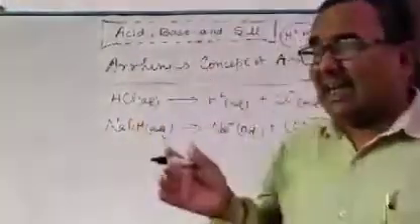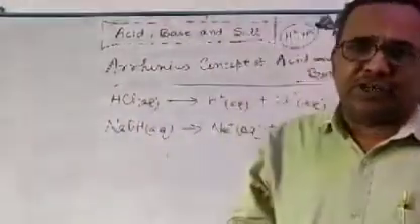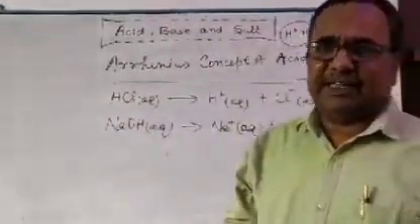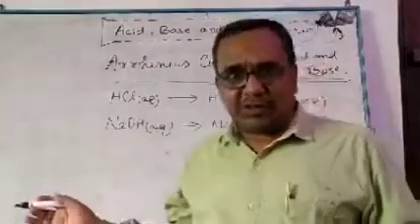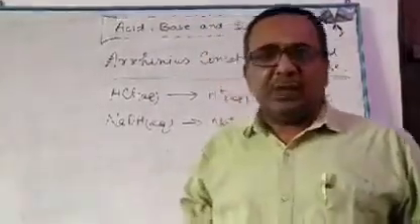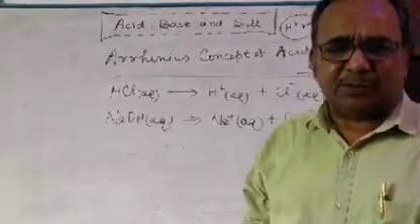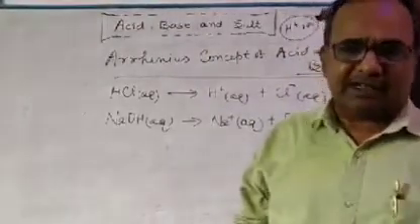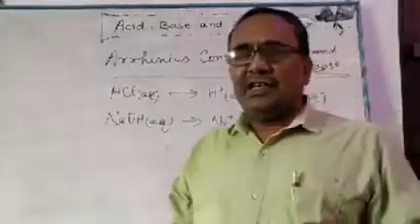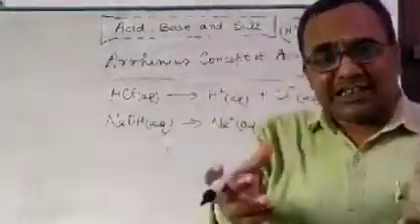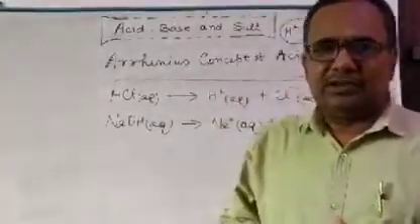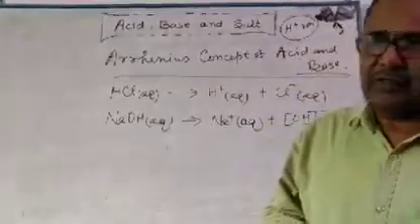In Arrhenius and Bronsted-Lowry, the only difference is in base. According to Arrhenius and Bronsted, both acids produce H plus ion, that is proton, on dissolving in water. But base has a tendency to accept proton, according to Bronsted.